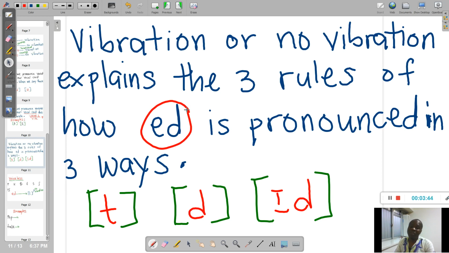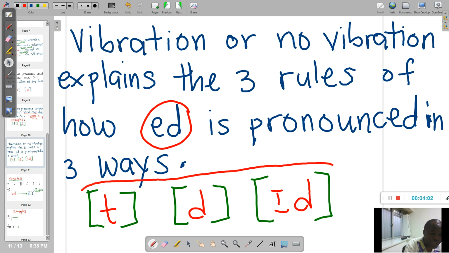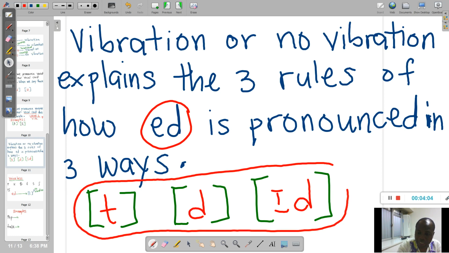We have the sounds t, d, and id. These are the three pronunciations for the ed verbs. Any ed verb must be pronounced according to these three formats: t, d, id.